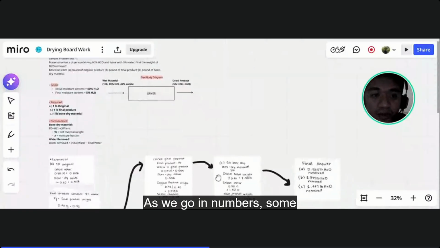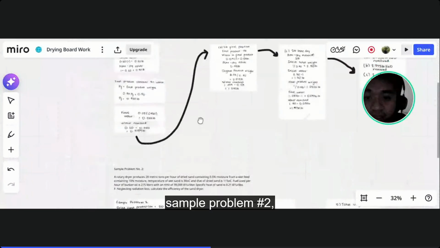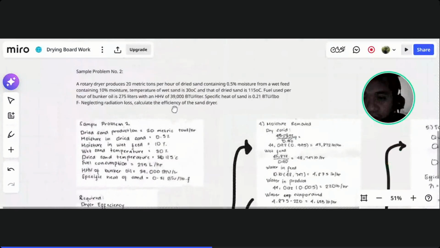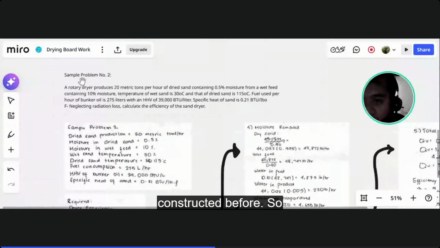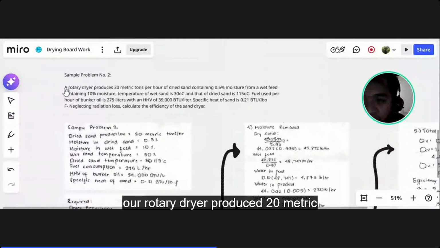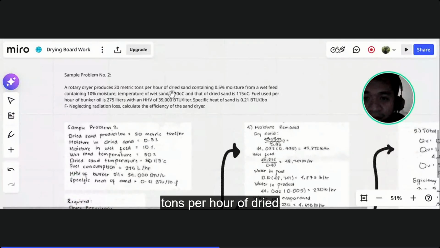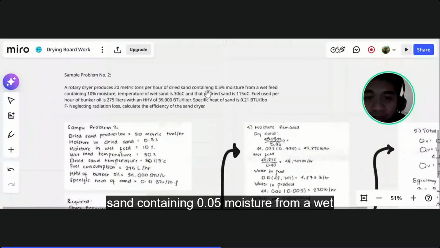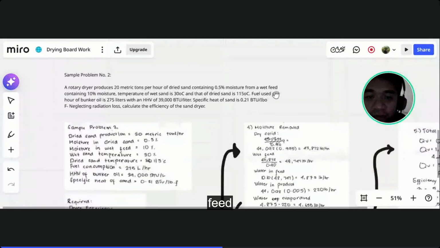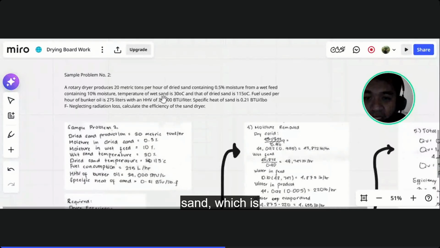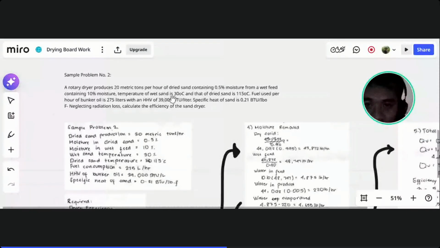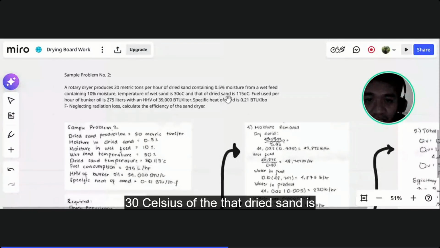As we go to sample problem number two, this is the problem that I reconstructed before. A rotary dryer produces 20 metric tons per hour of dried sand containing 0.05 moisture from a wet feed containing 10% moisture. Temperature of wet sand is 30 Celsius, and of dried sand is 115 Celsius.